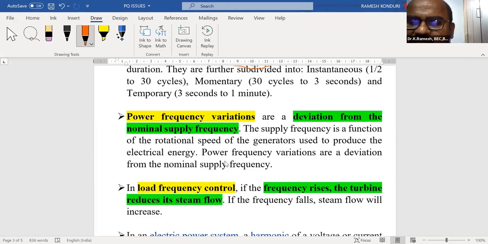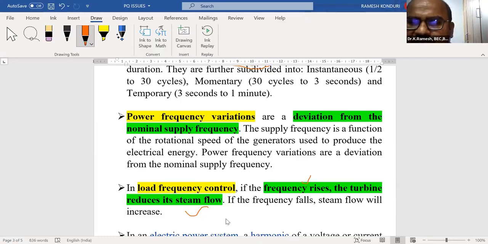In the case of load frequency control, what we have seen in power system operation and control, if the frequency rises, the turbine reduces its input, that is the steam input. This is how the load frequency control mechanism works.